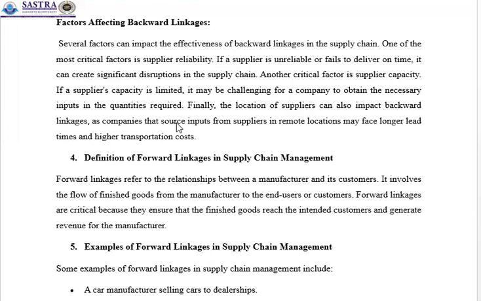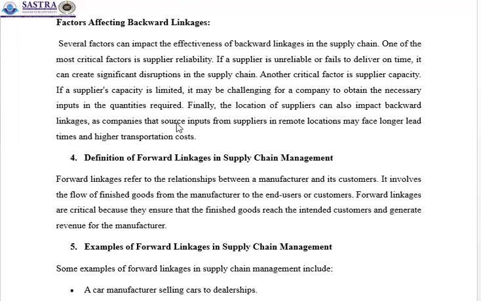linkages. Then we are going to the next concept, forward linkages in the supply chain, the definition part of it. Many definitions are available, but forward linkage refers to the relationship between a manufacturer and its customers. It involves the flow of finished goods from the manufacturers to the end user or end customer.